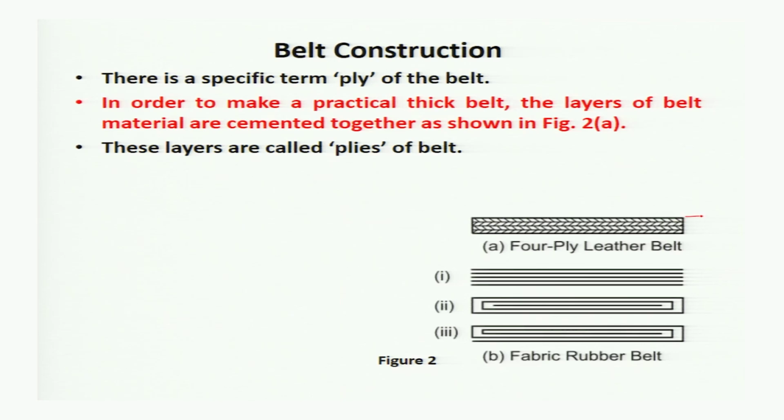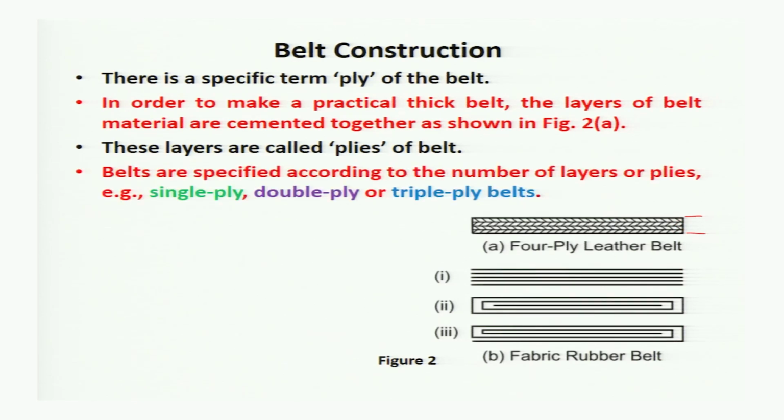You want to make a practically thick belt, so it should have sufficient strength. You have to put a number of layers of the leather, or the fabric arrangement must be there in the case of fabric rubber belt. So these layers are called the ply.